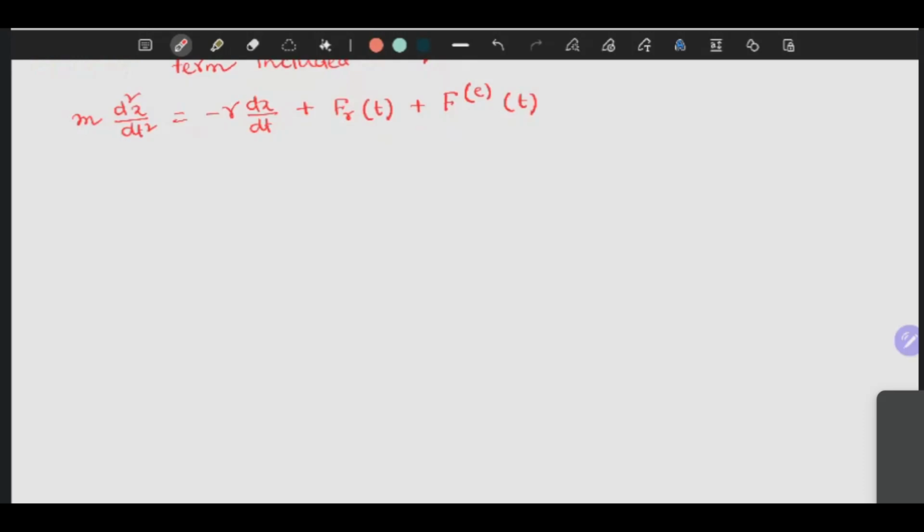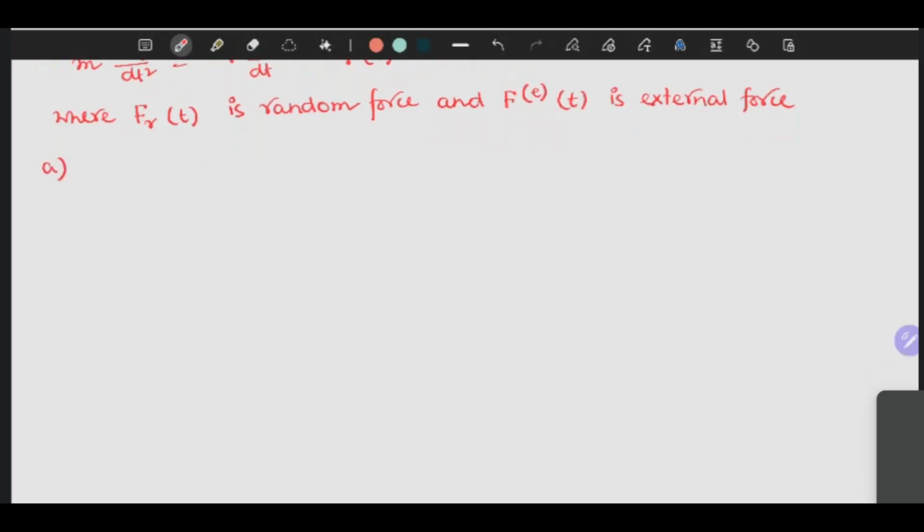So this is the random force, this is the external force, where f_R of t is the random force and f_e of t is the external force. Now answer the following questions.